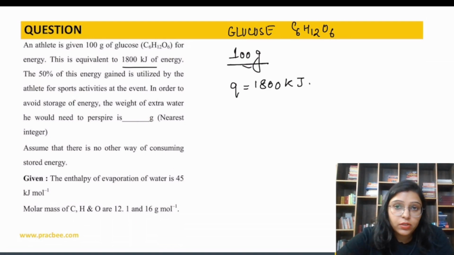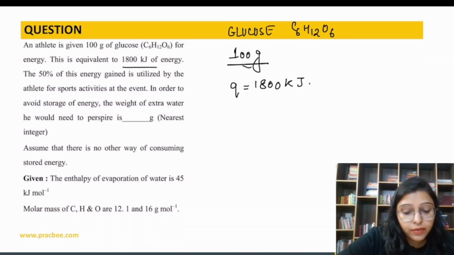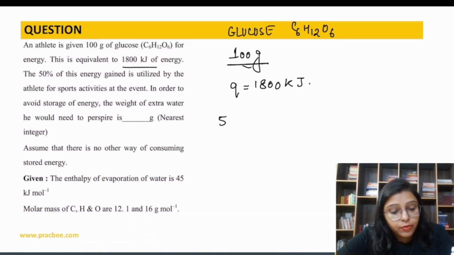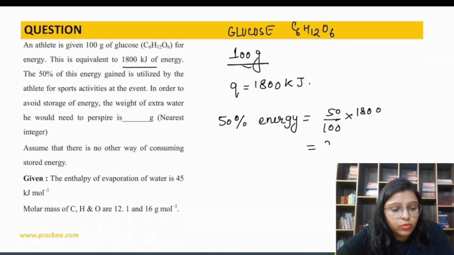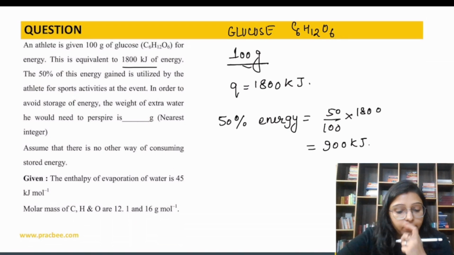Now, 50% of this energy gained is utilized by the athlete for sport activities at the event. 50% of this energy is 50 by 100 into 1800, which is equal to 900. So 900 kilojoule of heat energy is utilized by the athlete for sports activity at the event.